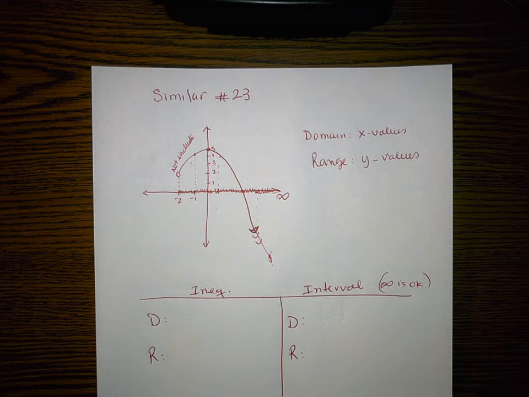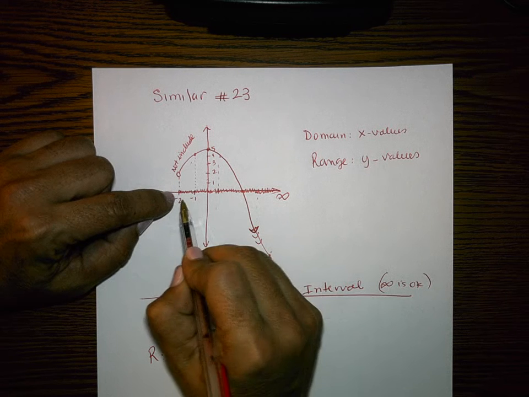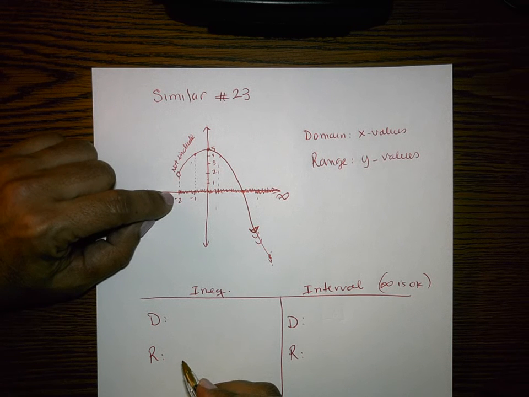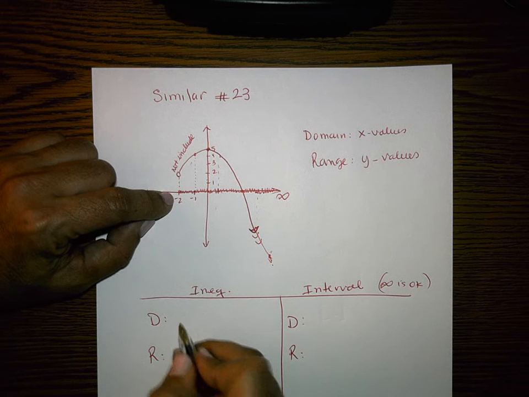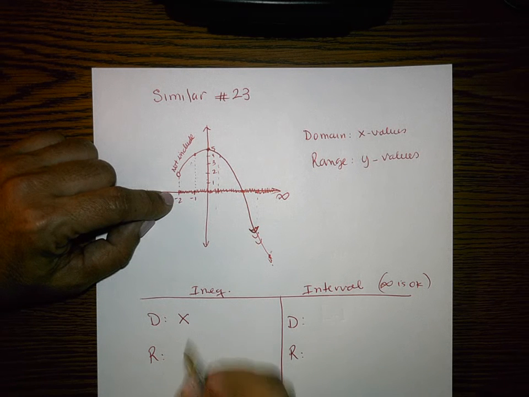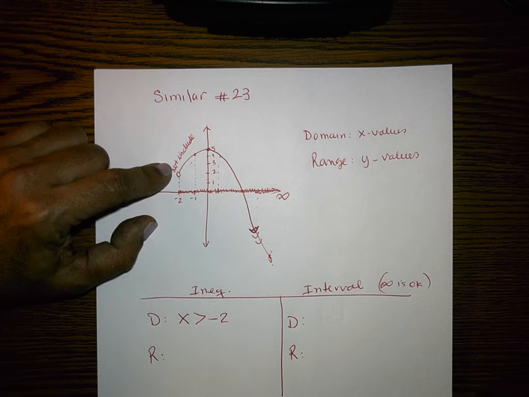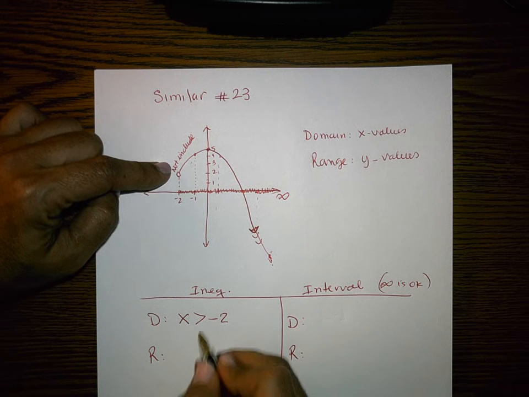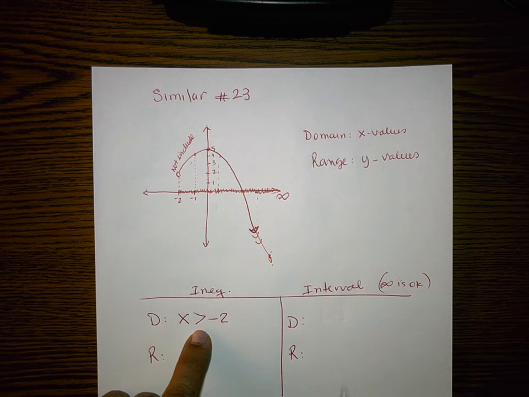So I can say all the x values that are greater than -2. All these x values are bigger than -2. I already made myself a note so I don't forget: -2 is not included, so I will not put an equal sign in there.